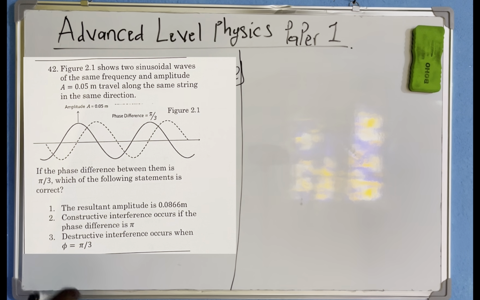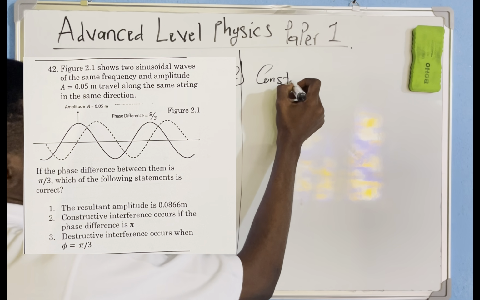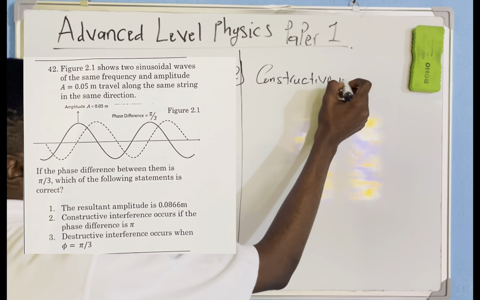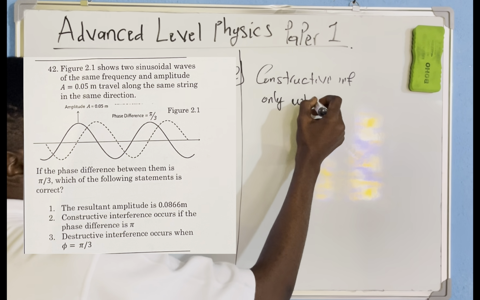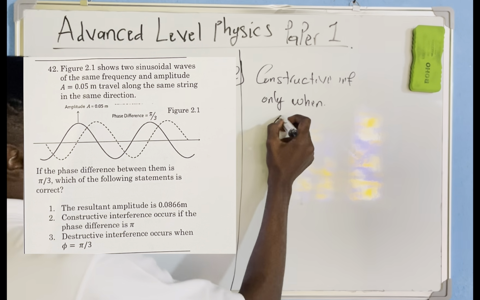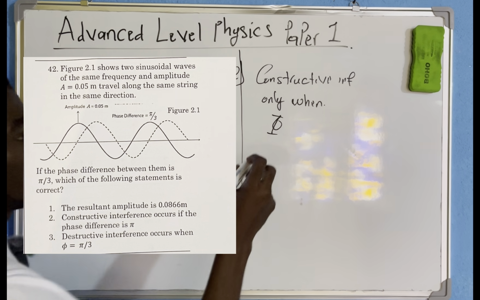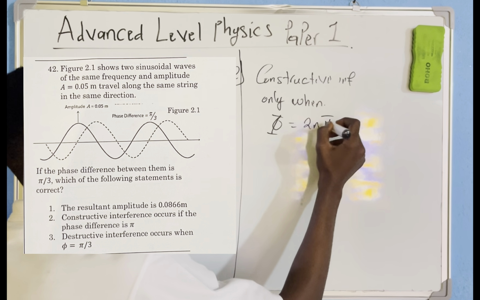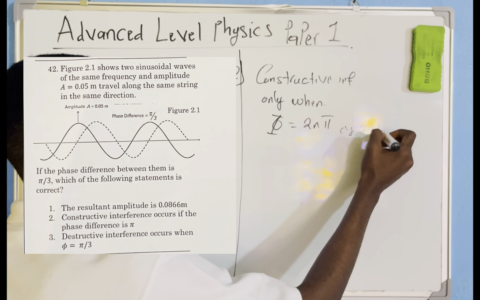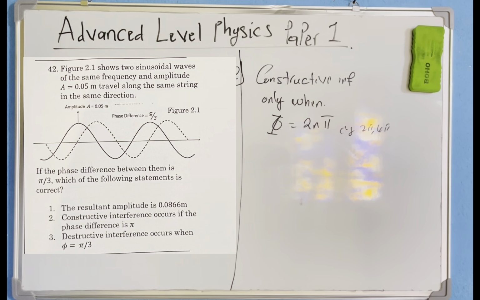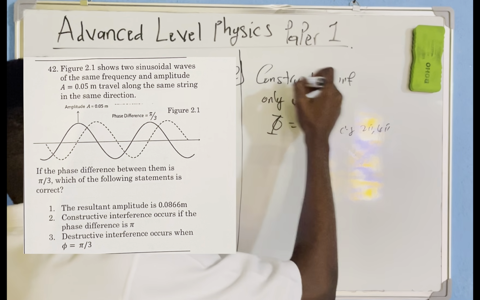What you should know here is that constructive interference occurs only when the phase difference can be written as an even number of pi, for example 2 pi, 4 pi, and so on. So statement 2 is wrong.